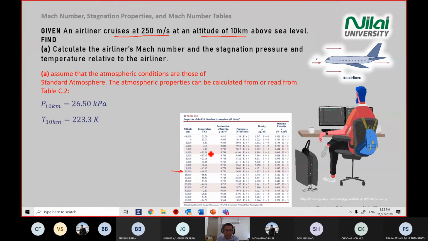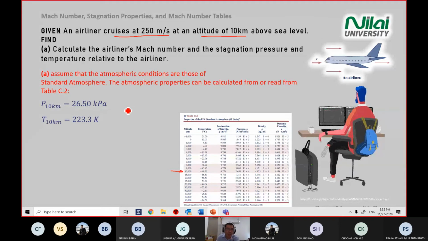Yes, then we change it to kilopascal and we remove the decimals. Of course you can maintain it in Pascal unit, no problem. You maintain what you see in the table, no problem. Then the temperature is also the same. Temperature here is negative 49.9 in Celsius. But again, for this chapter, we need to change all the Celsius into Kelvin.